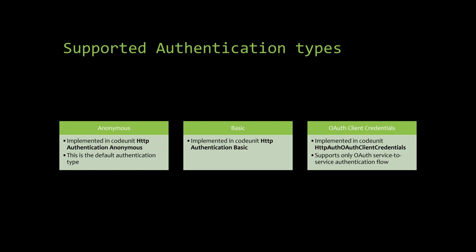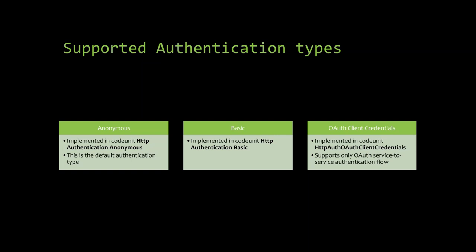There is an HTTP authentication basic code unit. That one can be used to set a username and a password, and then it will create the basic authentication header for you. So that can be reused for basic authentication.